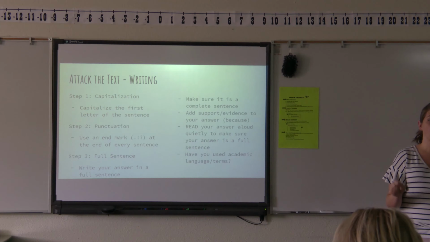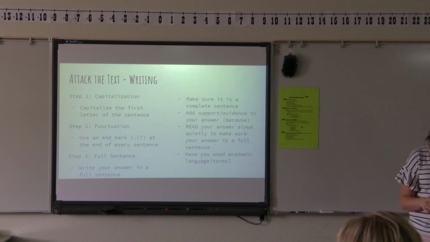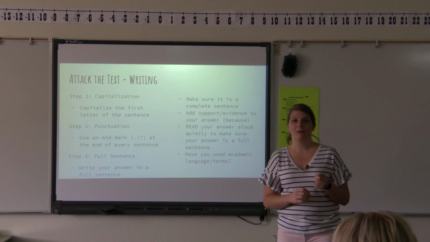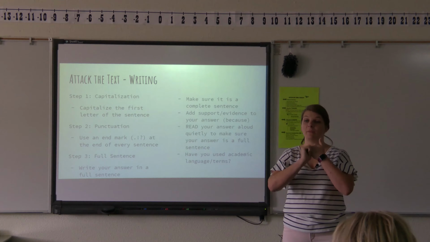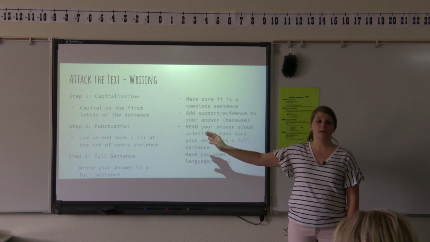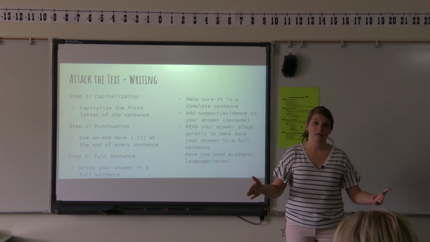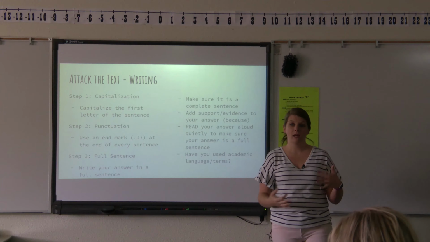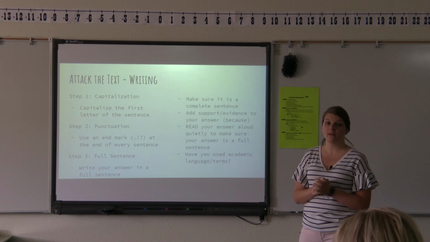And as I was saying earlier, when you're doing your writing, we would like you to do these in a complete sentence. And this is the simplest way to explain a complete sentence. This is the bare minimum, and we hope that you will expound in English class and learn to have more in-depth sentences.